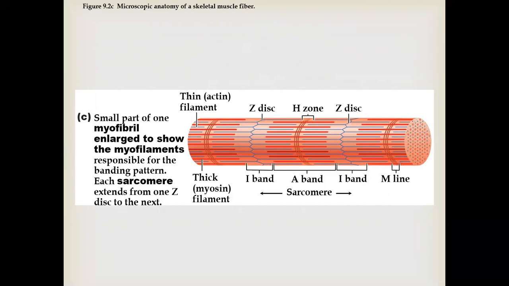The first arrow would be your Z disc. The second would be the H zone. The third would be another strand of Z disc. So the Z discs are also referred to as the I bands, and the H zone is also referred to as the A band. And then on the bottom right, that would be the M line.